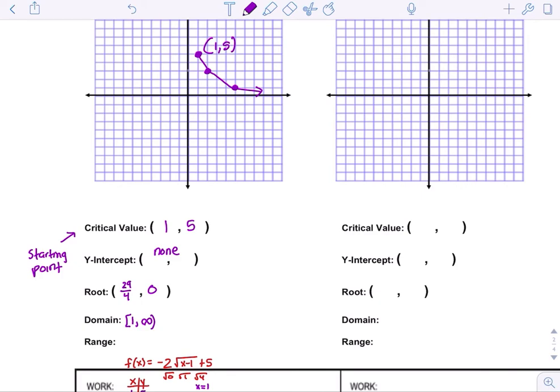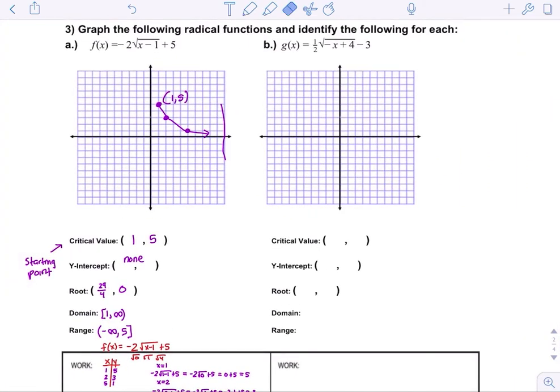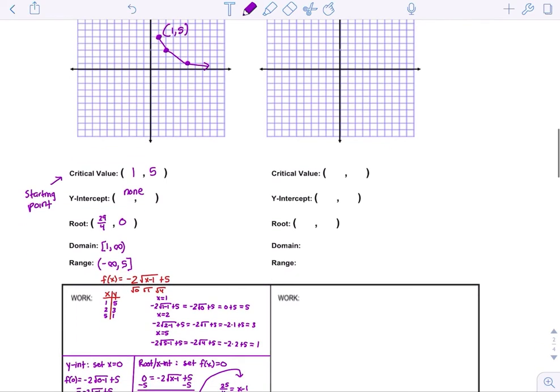Range is how low it goes to how high. So this graph, in terms of how low it goes, well, it goes infinitely downward. So negative infinity to how high? To 5 on your critical value. Remember, range is your y value. Alright, so there's that one.